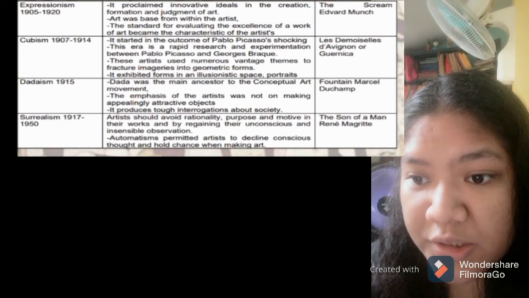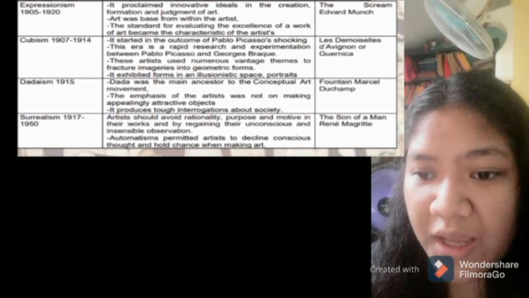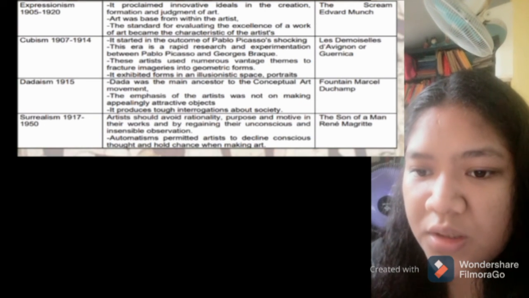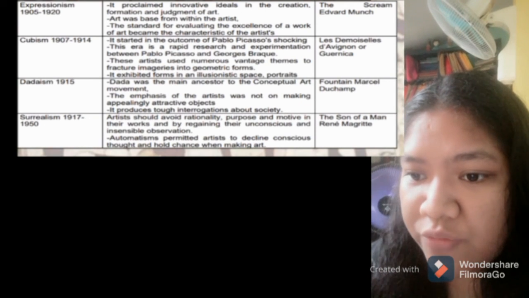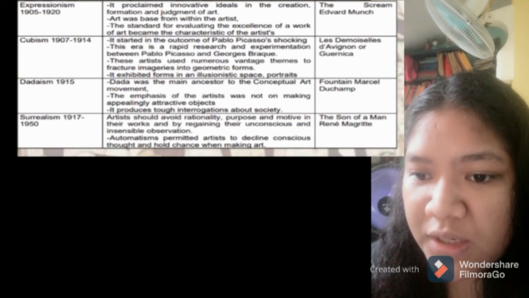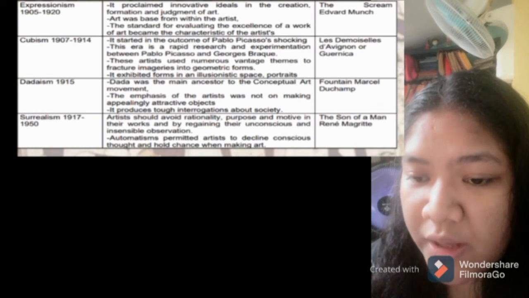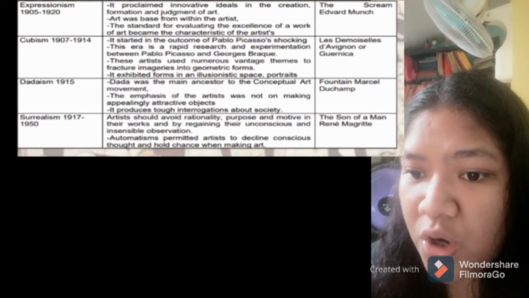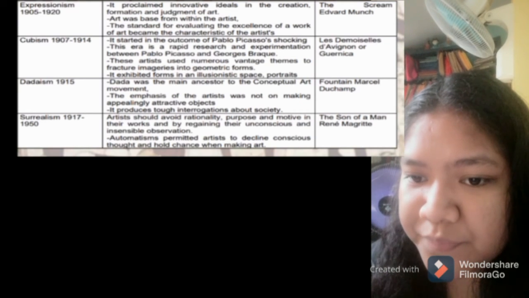Automatism permitted artists to decline conscious thought and hold chance when making art, suppress inner words of desire, sexuality, and violence, gave a hypothetical origin for much of surrealism.